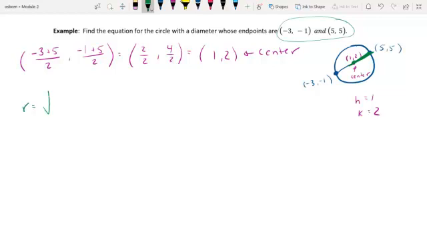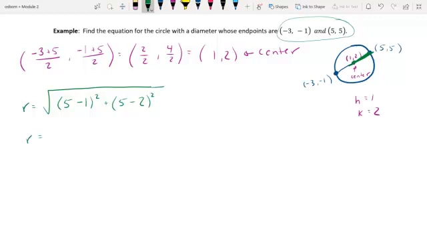Recall we just did that, so I'm taking the square root of x2 minus x1, so I've got 5 minus 1 squared, plus y2 minus y1, sorry, squared.